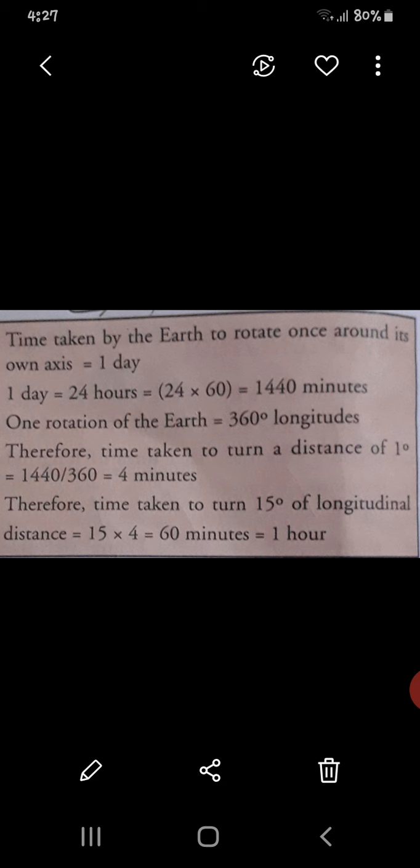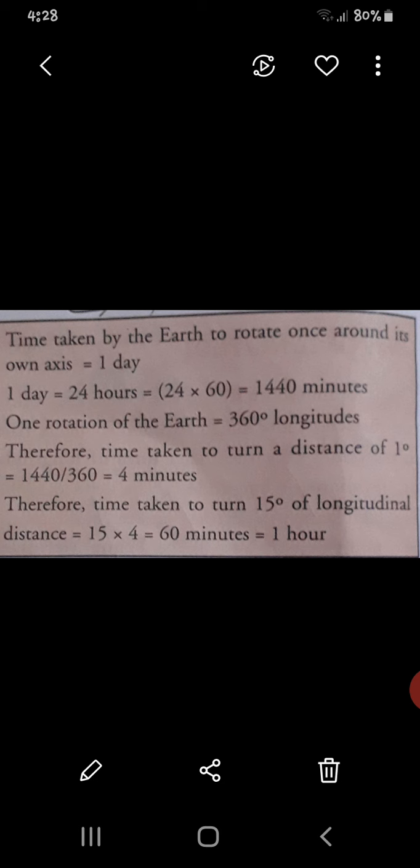Therefore, the time taken to turn 15 degrees of longitudinal distance, we multiply by 4 minutes, and we get 60 minutes. So 1 hour. So for 15 degrees we have 1 hour. So 15 degrees longitudinal distance will be covered by the earth's rotation within 1 hour. So altogether within 24 hours it will cover 360 degrees of longitude.